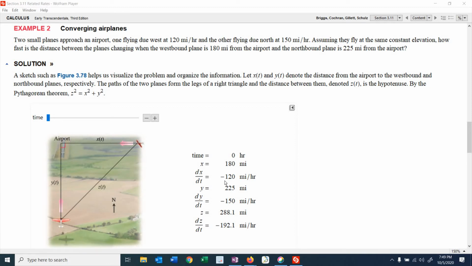So it's dx/dt. It's also a negative number. The reason it's negative is because the distance between the plane and the airport is getting smaller as time increases. So there's a reduction in the distance as time is getting larger.